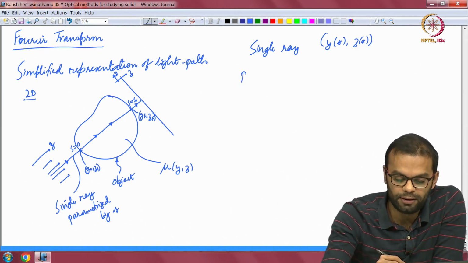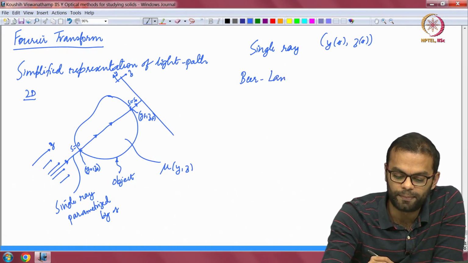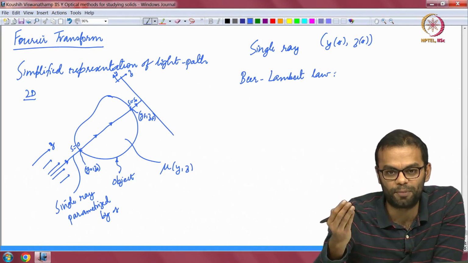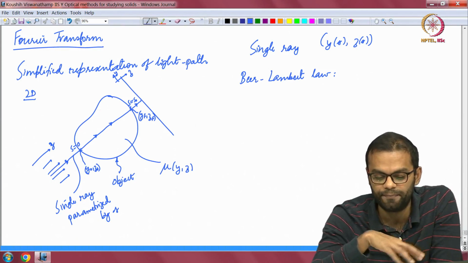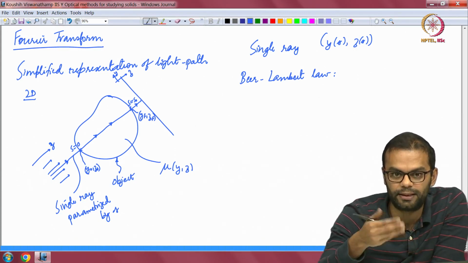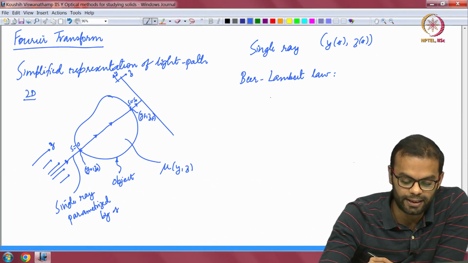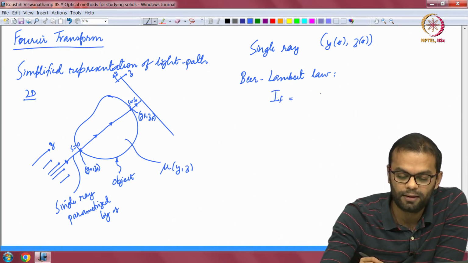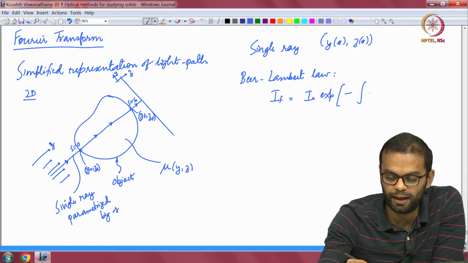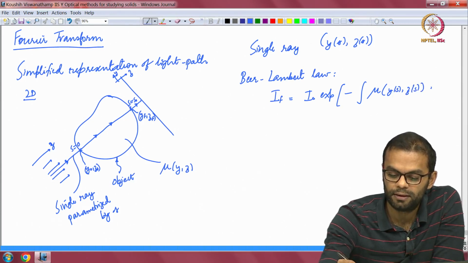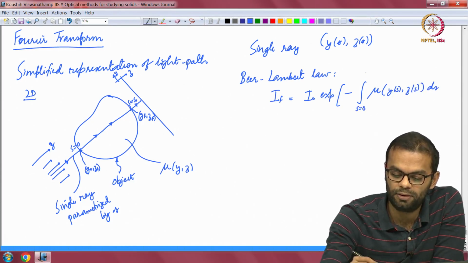It turns out that a simple way to represent what happens to light intensity as it passes through materials is given by something called the Beer-Lambert law. This is an approximation, of course. It is possible to derive some variant of this starting from Maxwell's equations in a systematic way. We will obviously not do that, but it is physically based. It says that the intensity that you see finally is the initial intensity times an exponential function of minus the integral of mu of Y of S, Z of S, ds, with S going from 0 to S naught.